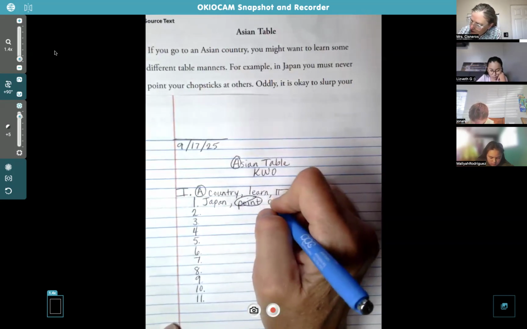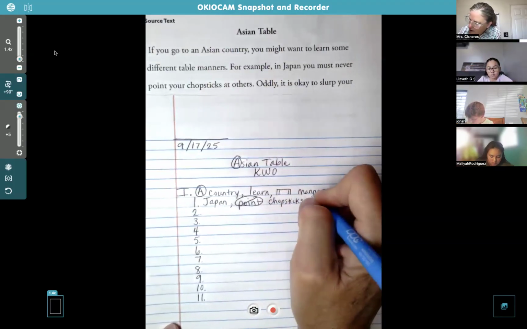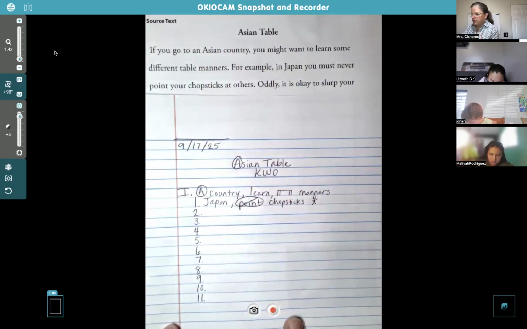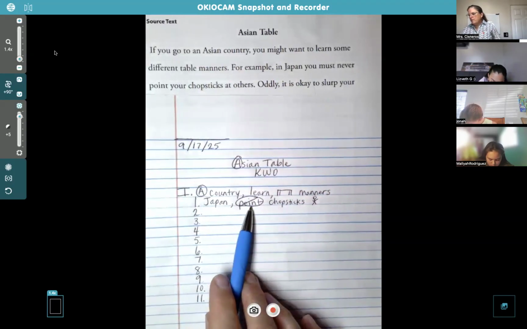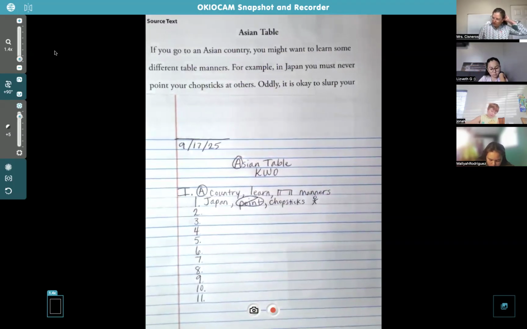And then chopsticks. And then I'm going to draw a little guy here just so we know, don't point it at a person, right? In Japan, you never point your chopsticks and then at a person. That's good.